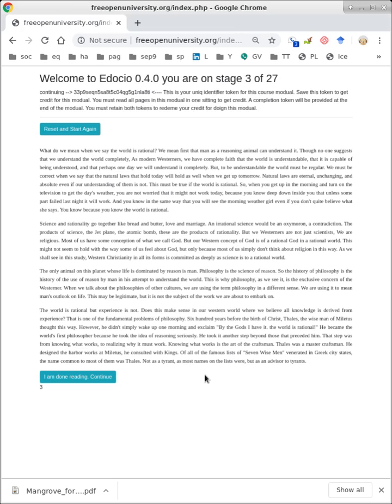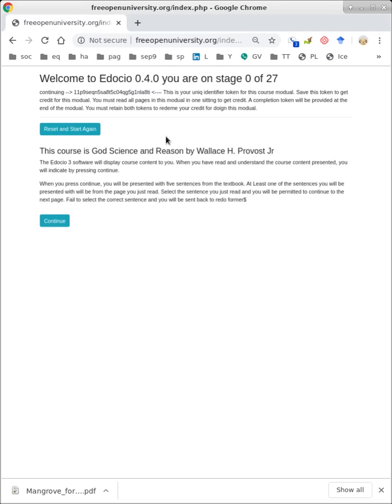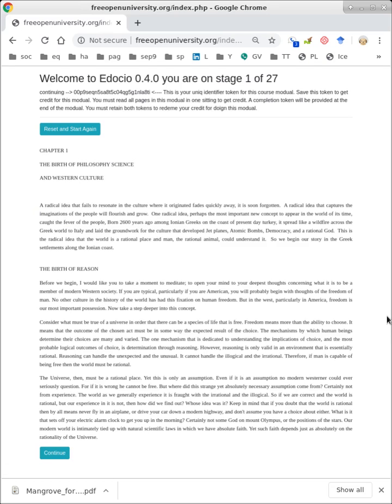But in the meanwhile, enjoy this course, because you're not being tested. Always click the third sentence and it'll take you to the next. The textbook here is one of our earlier textbooks that we offered. It's called God, Science, and Reason. It's not particularly religious. It was written by Wallace H. Provost Jr., who my understanding was that he was an atheist.